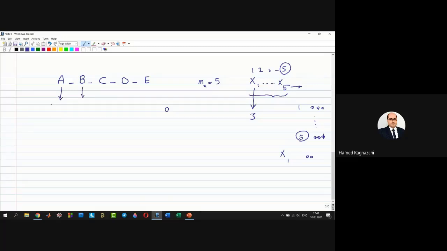For example, I assign 0, 0, 0 to A, 0, 0, 1 to B, 0, 1, 0 to C, 0, 1, 1 to D, and 1, 0, 0 to E.